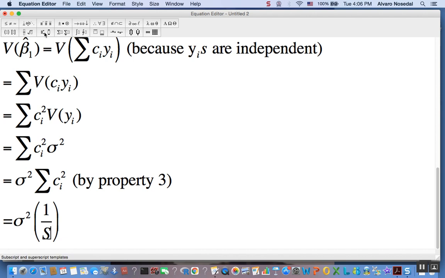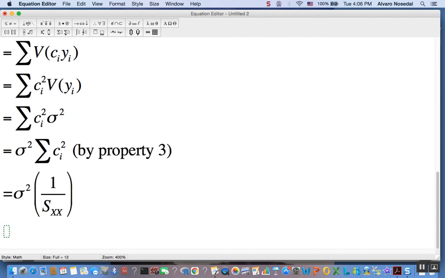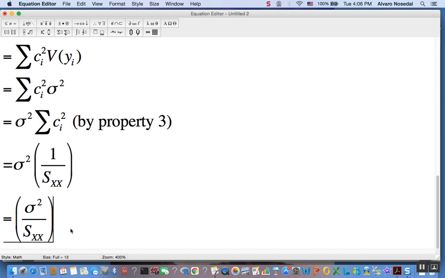And that's what we wanted to show, right? That's going to be the variance of beta 1 hat.